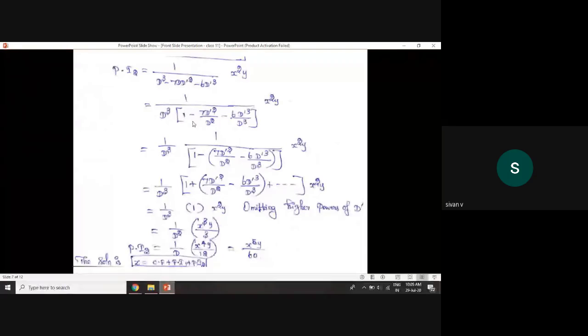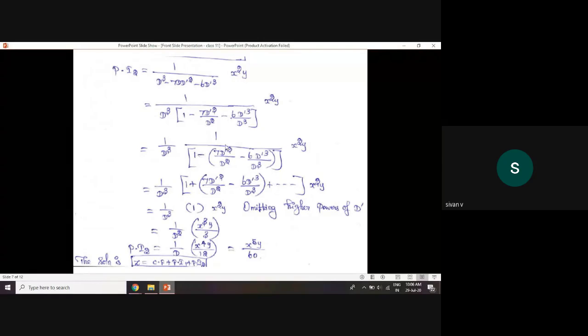Therefore the first term will become 1. Here only 1 D is there, so 1 D is cancelled. Rest of the part: 7 D dash square by D square minus 6 D dash cube by D cube of this X square y. Now the denominator we are adjusting and writing in the form of either 1 plus x or 1 minus x form. So here also minus common and here also minus common. Take the minus outside.